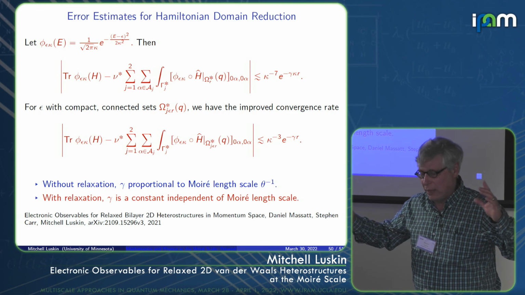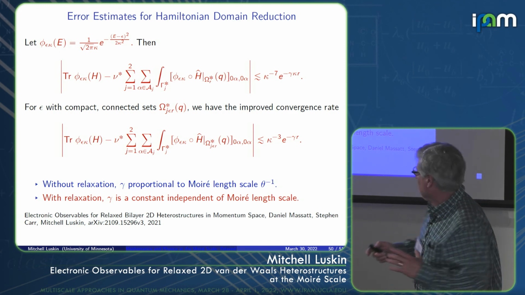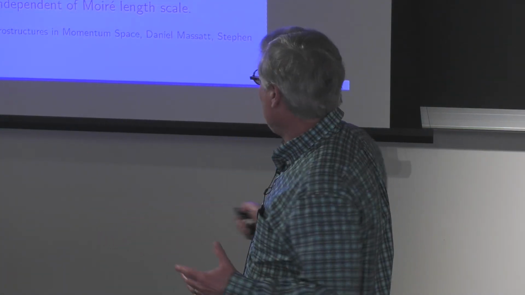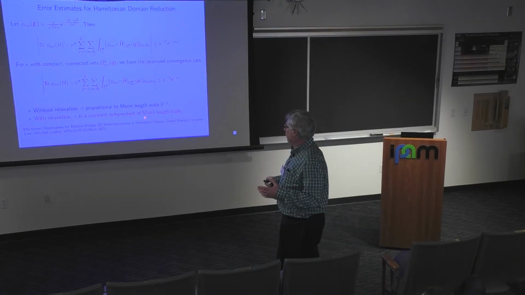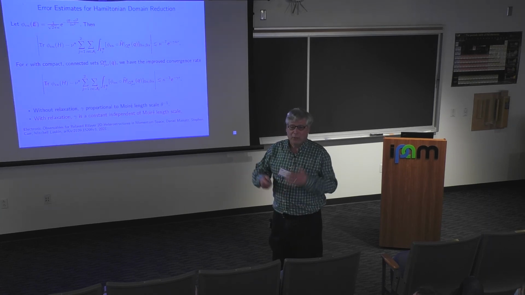As the angle gets small, the rate of decay gets faster and faster. Whereas with relaxation, it's independent of the Moiré length scale, meaning, as you might guess, it's much slower.